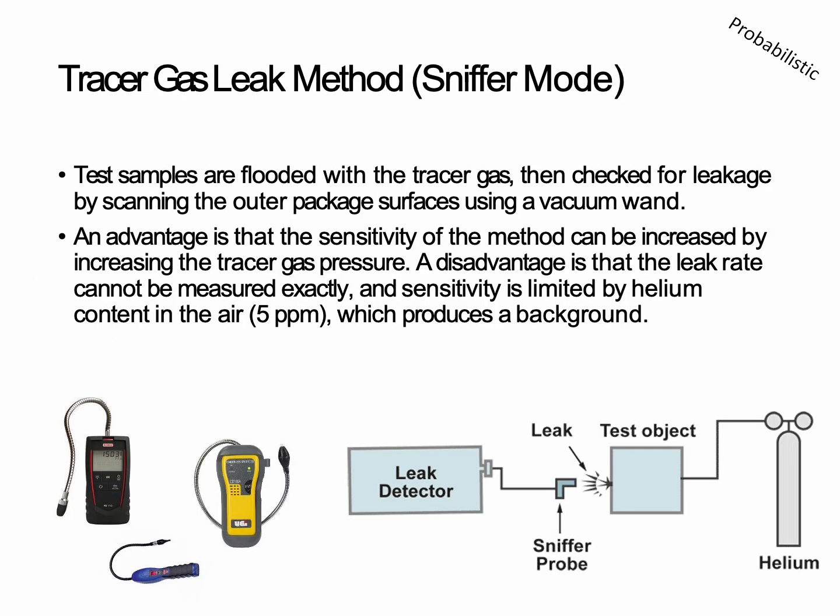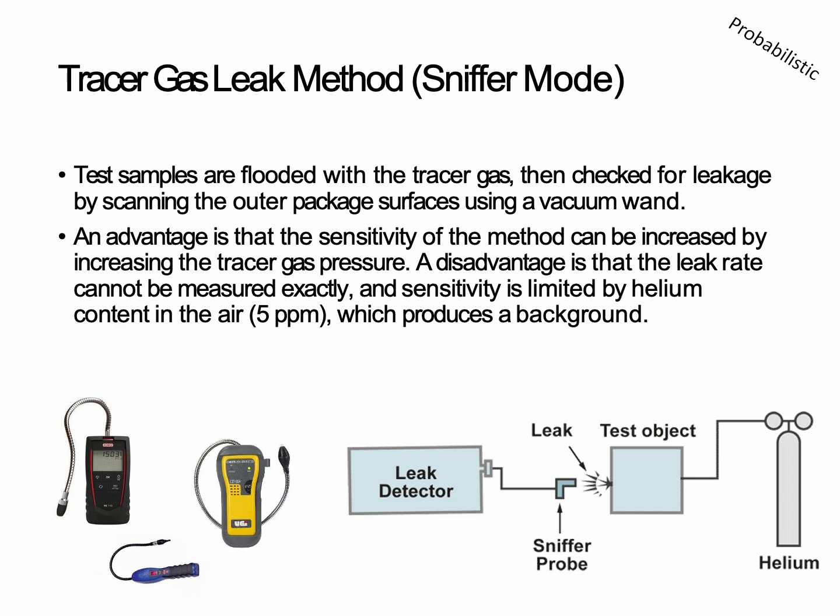We can also talk about another probabilistic test, which is the tracer gas leak method. In this test, samples are flooded with a tracer gas like helium, then checked for leakage by scanning the outer package surfaces using a vacuum wand.